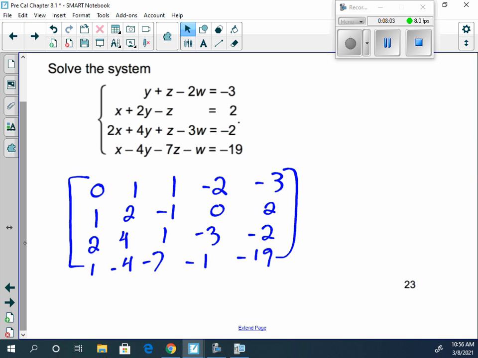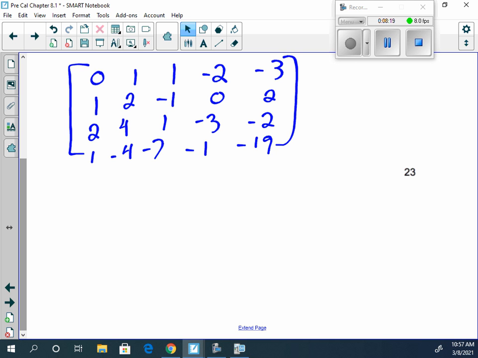And what we want to do from this point is work it down as far as we can. Now, we're not going to go to a reduced row echelon form. We're just going to go to a row echelon form for this one here. And yes, that's what I would do at this point here. So I would take that graphing calculator.